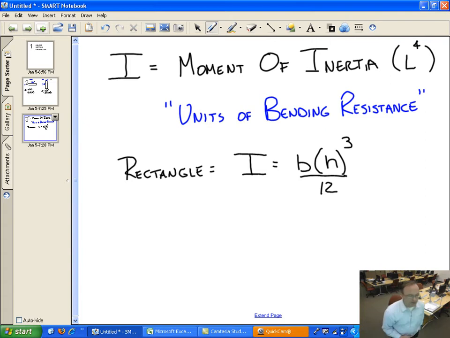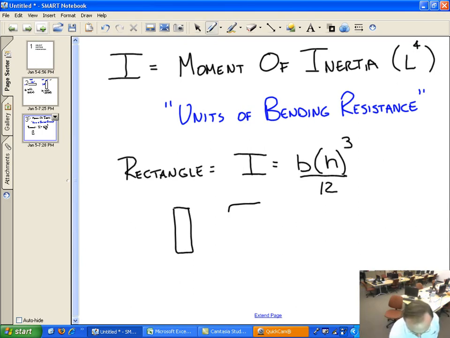There are also I values in your book for circles, for triangles, for all your different geometrical shapes. You have this resistance to bending of each individual piece. What we most commonly see is a rectangle. Why? Because our boards, our wood beams, are rectangles.